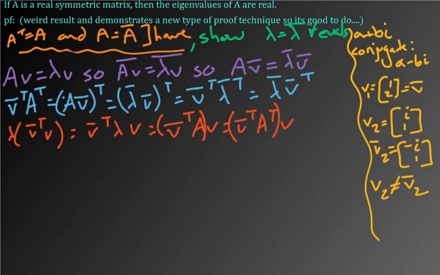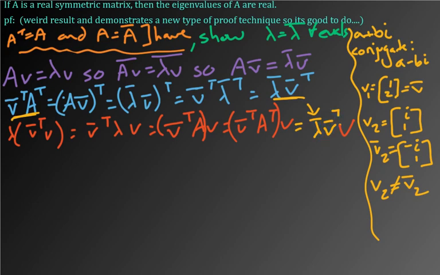But then because of this line equaling this, I can bring this down and say that what I started with is the same as lambda conjugate V conjugate transpose V. I did that V in red because it is this same V right here. I just subbed out this part for lambda conjugate V conjugate transpose.